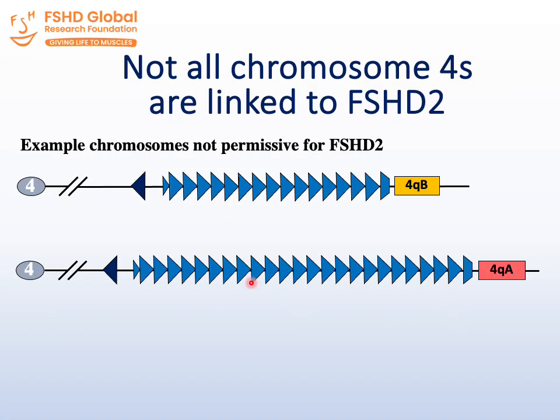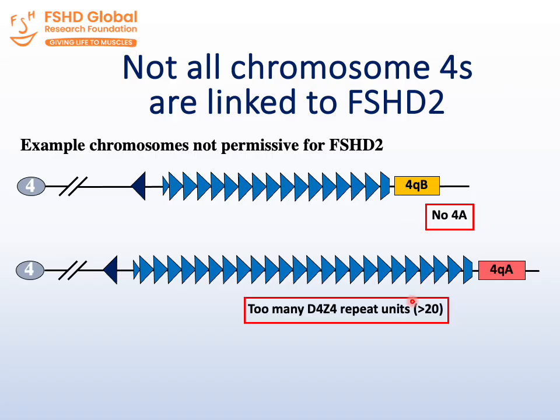Okay, there are of course non-permissive FSHD chromosomes. For example, here this chromosome does not have an A. So if you are 4QB, you can't have FSHD1 or FSHD2 or FSHD3, 4, 5, whatever. You can't have FSHD. You need the 4QA in order to make the pathogenic DUX4 gene. You also can have too many repeat units to be FSHD2.